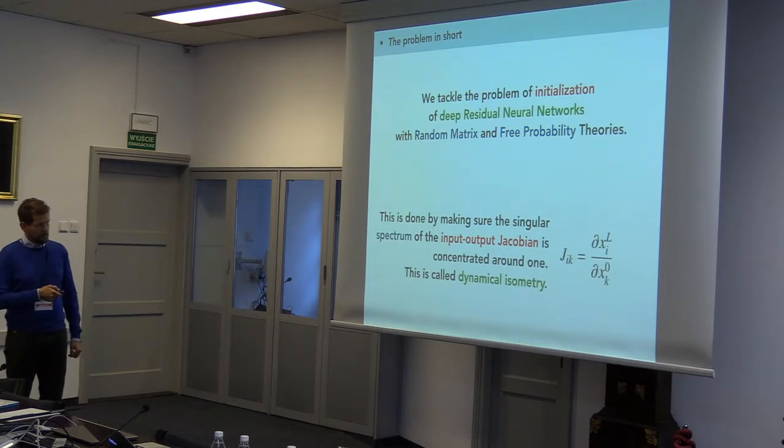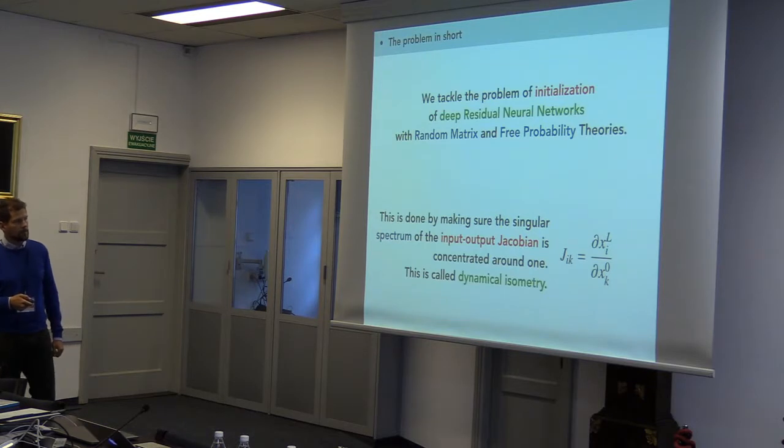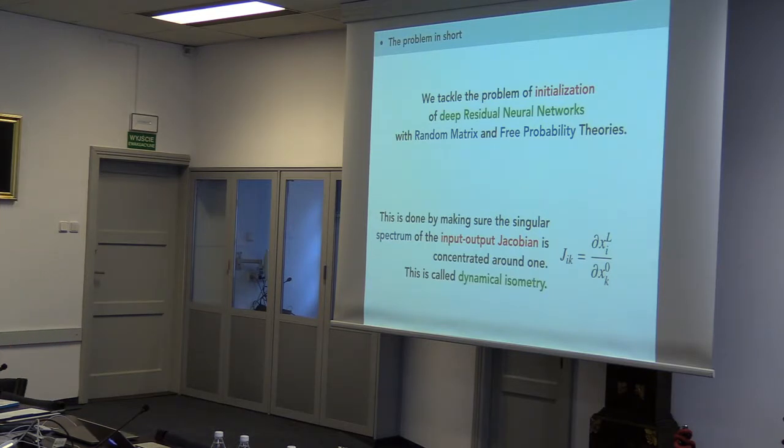And the point will be that wherever the singular values of this matrix are concentrated around 1, then the network will be able to learn efficiently, basically irrespectively of the depth.